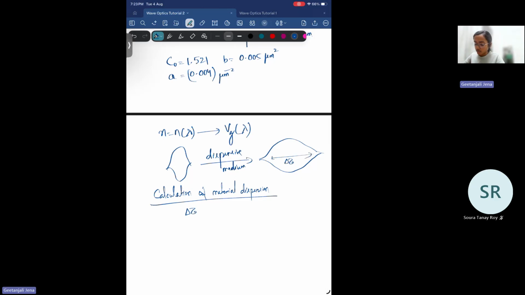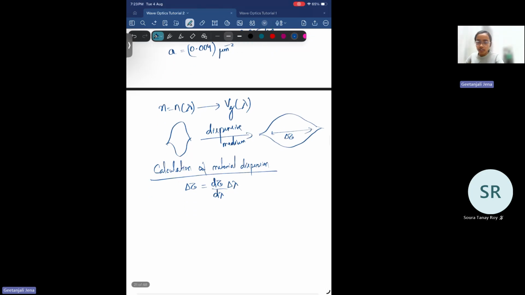So delta tau, we can write as d tau over d lambda times delta lambda. Because of this wavelength dependency we are getting the broadening, so that is why I am taking the derivative with respect to lambda.